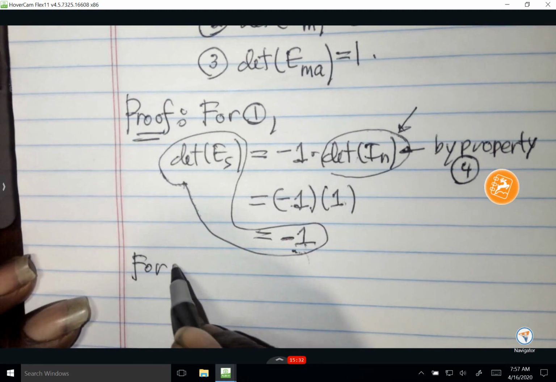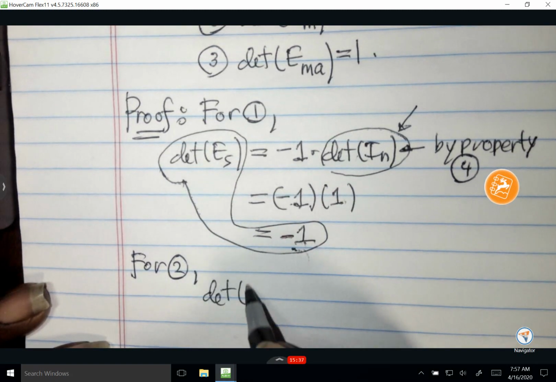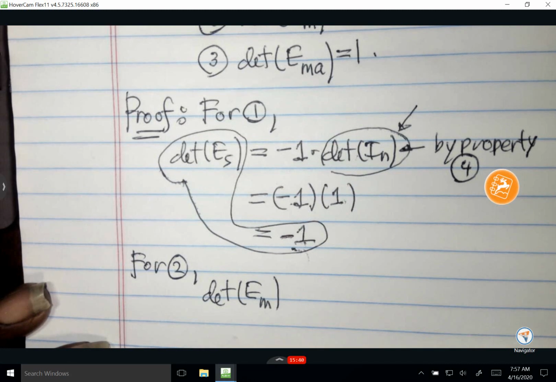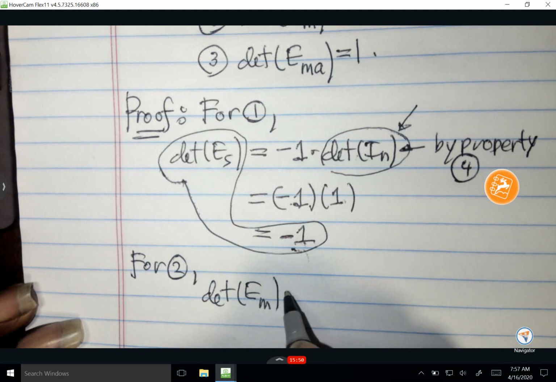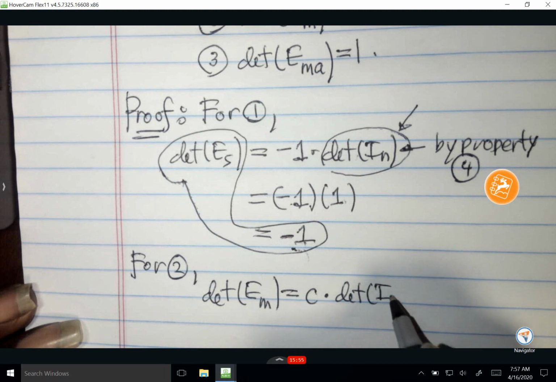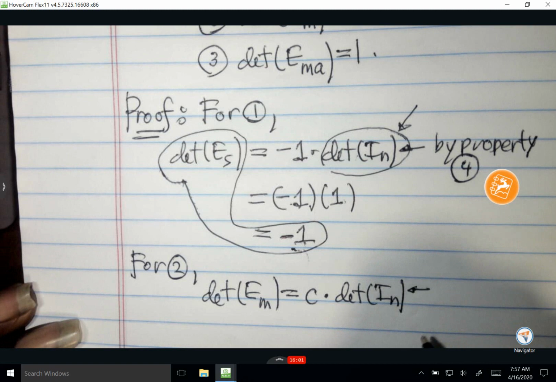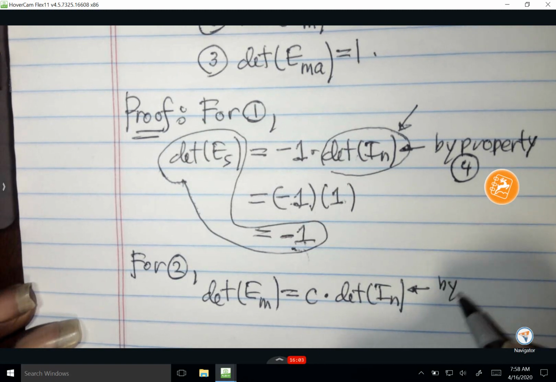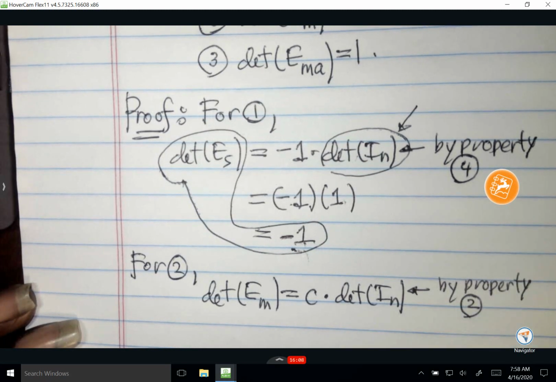For 2, let's prove 2. Let's look at the determinant of EM, E multiply. Remember how it's formed. It's formed by multiplying a row of IN by a non-zero number C. By property 2, its determinant would be C times the determinant of IN. Why is this true? By property 2, that you all know how to prove. Okay?